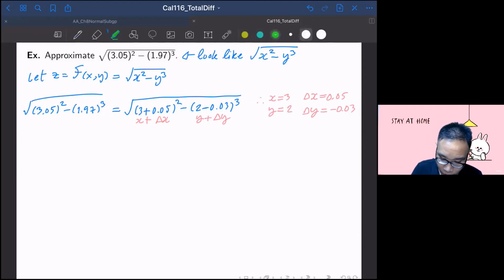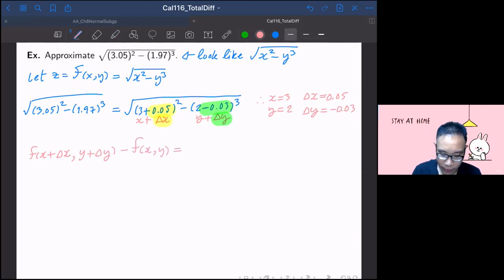So you have delta x and delta y accordingly. So let me also highlight them for you. And then what? And then this one, you need f(x plus delta x, y plus delta y) minus f(x,y).